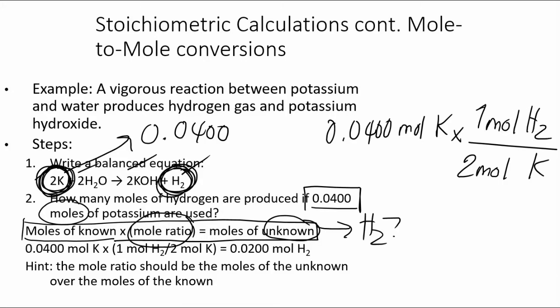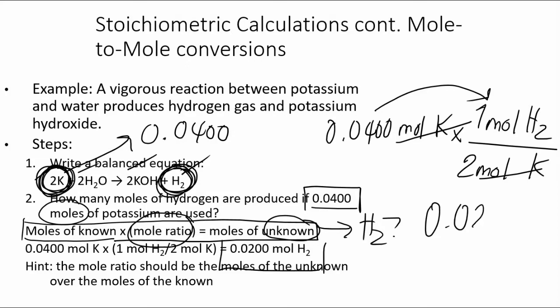So, ganyan siya. Okay? Para makancel natin itong mole K, kasi magkamukha sila, mole K. So, we can do the multiplication of 0.04 times 1 is 0.04, divided by 2, we will get 0.0200 mole of hydrogen.